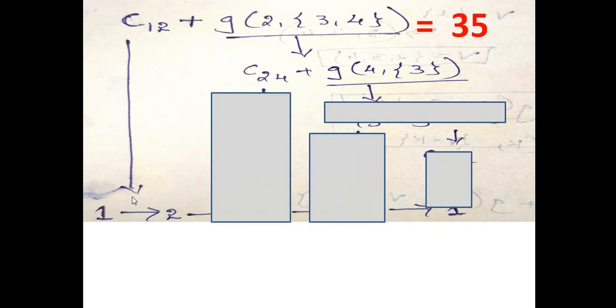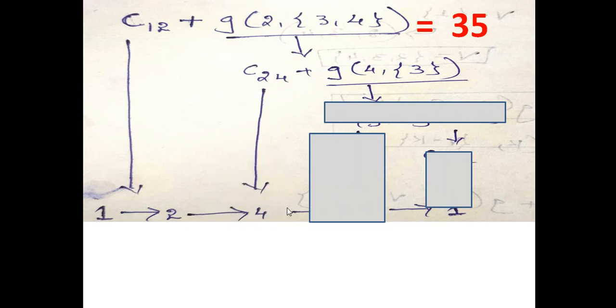Now you are getting the cost matrix values. 1 to 2 is already written. The next vertex is 4, so you write 4. 1 2 means 1 to 2, 2 4 means 2 is already written and the next vertex is 4.